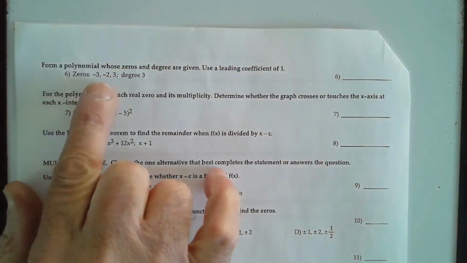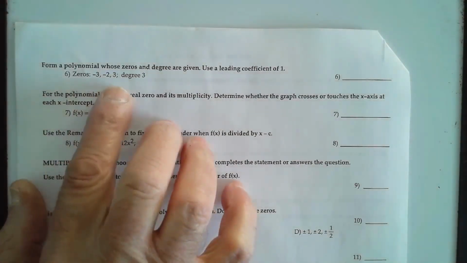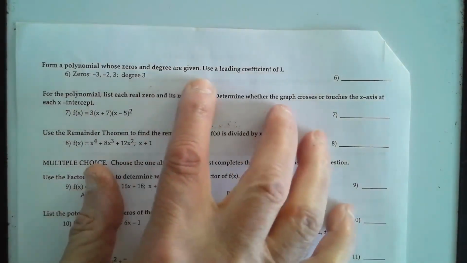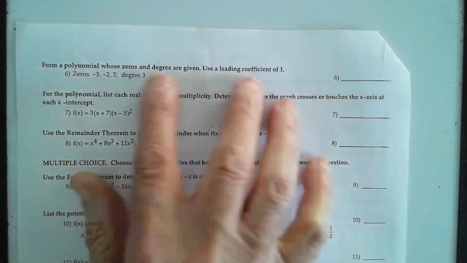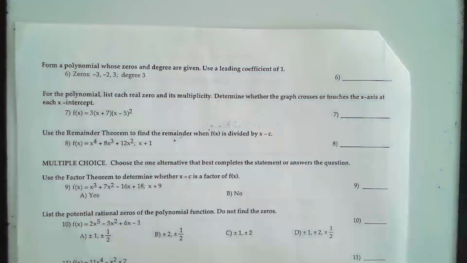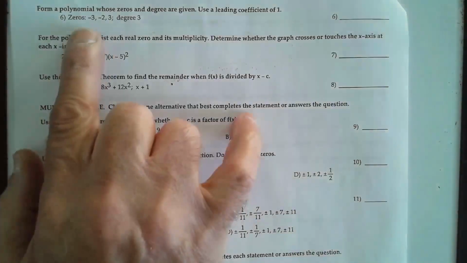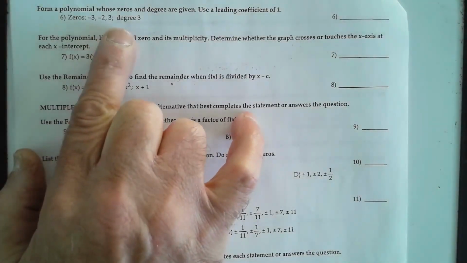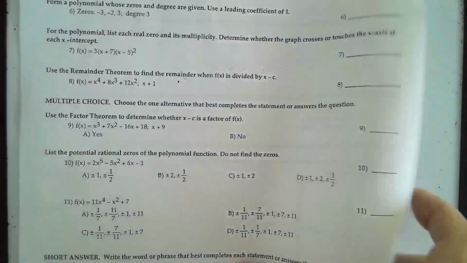All right. Form a polynomial whose zeros and degree are given, use the leading coefficient of 1. Okay, let's go over this real quick. We've got zeros negative 3, negative 2, 3, and degree of 3.